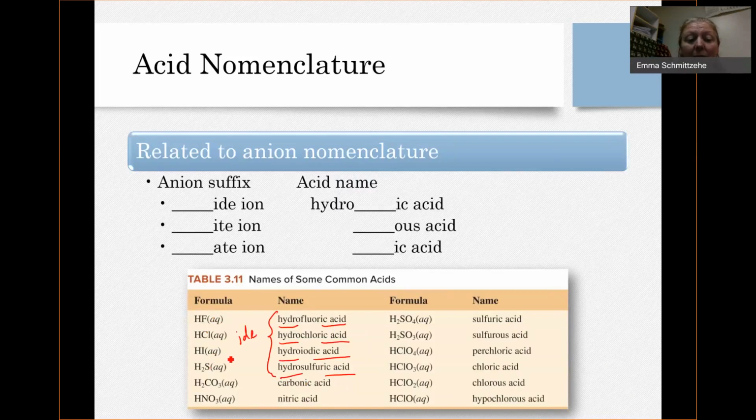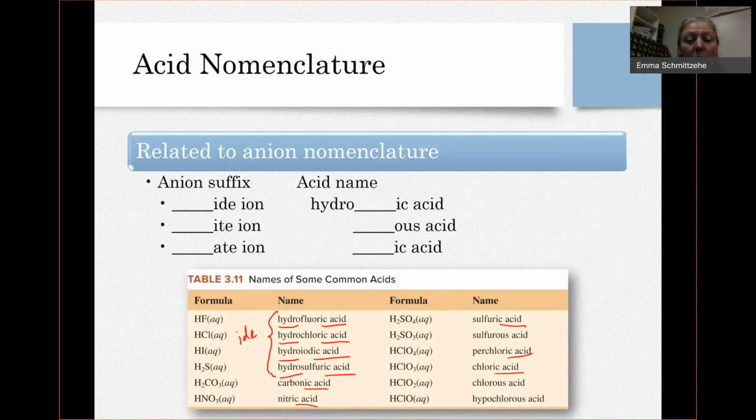HI has iodide ion. H2S has sulfide ion in there. Okay. Whereas others you'll see don't have a hydro prefix but have "ic acid, ic acid, ic acid, ic acid," and so on. Okay, have just the "ic" endings. And those all relate to anions that have ATE endings.